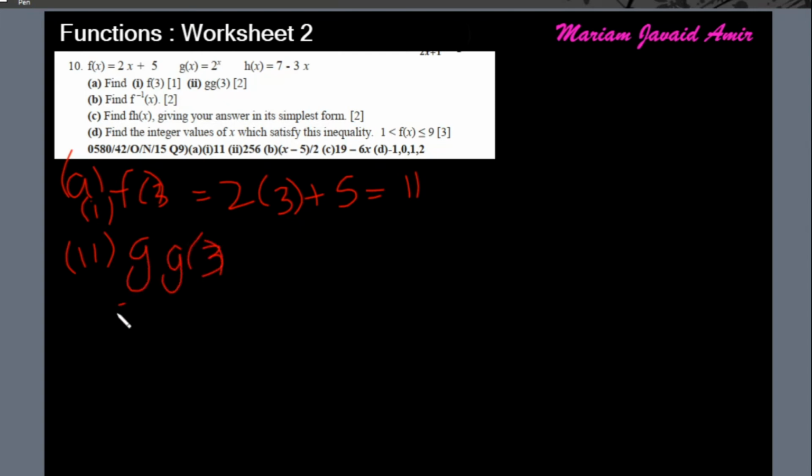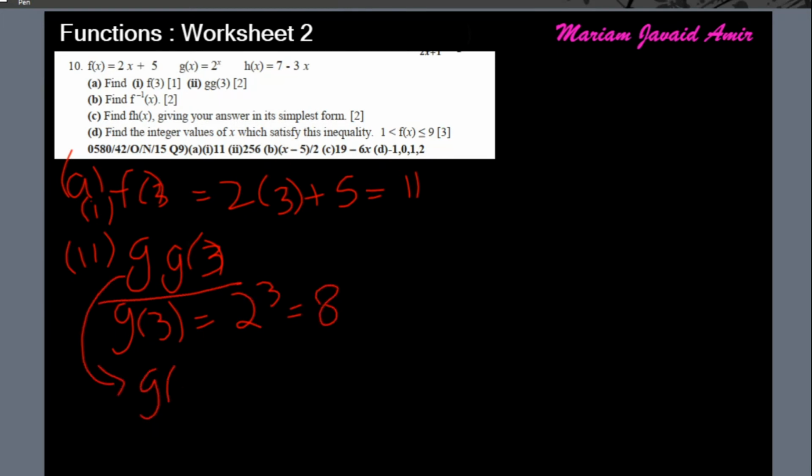So for that, let's find g(3) first. In g(x), change x to 3, we get 2 power 3, 8. So this changes into g(8). So now again in g(x), change x to 8 and we get 2 power 8, which is 256.